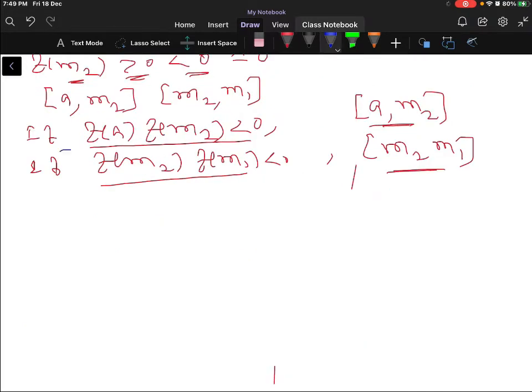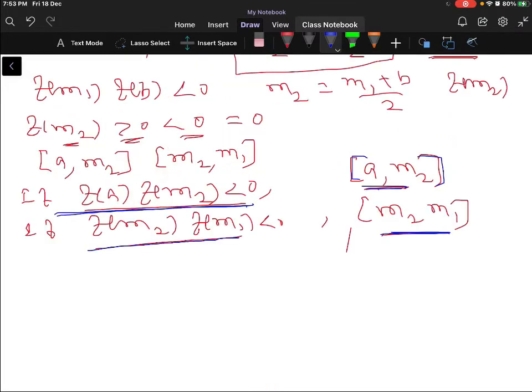According to the intermediate value theorem, if f of a into f of m2 is negative, then the root lies in the interval a comma m2. It means this interval contains the root. Or if f of m2 into f of m1 is negative, then the root is contained in the interval m2 comma m1. Continue this procedure, you obtain a sequence of subintervals.